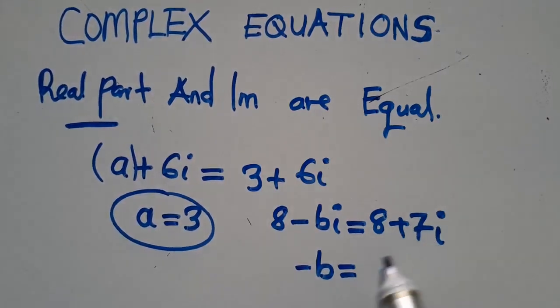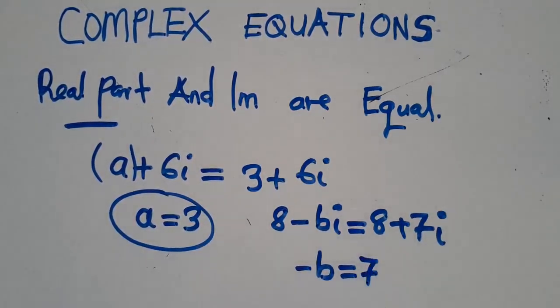What is the imaginary part there? 7. Have you seen? So if you divide both sides by -1, you are going to get b which is equal to -7. This is your answer.